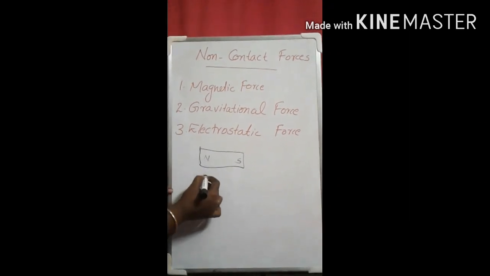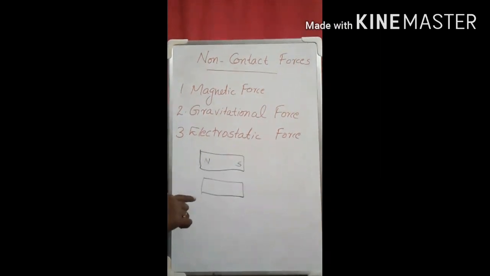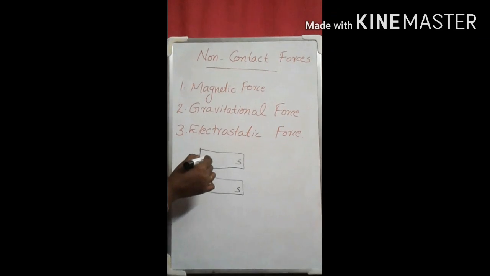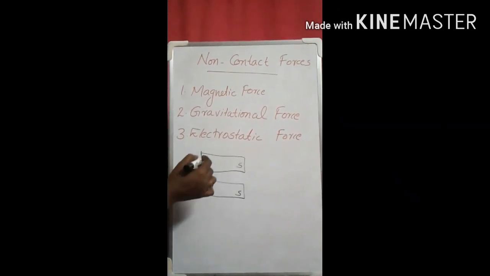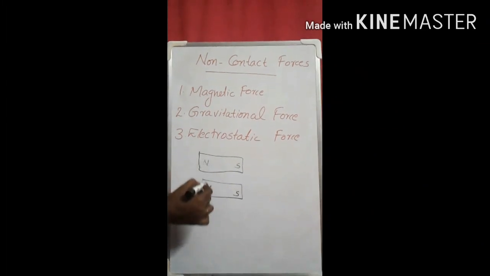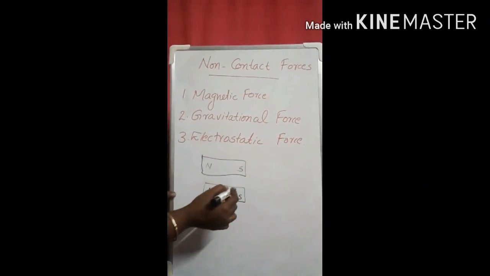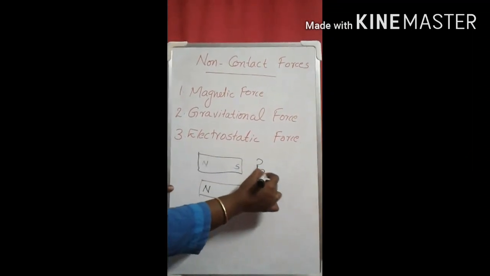If you take two bar magnets, you can take any magnets, we are taking a bar magnet here. Every magnet has two poles, north pole and south pole. When we bring similar poles, north and north or south and south, towards each other, what will happen? We know that they will repel.